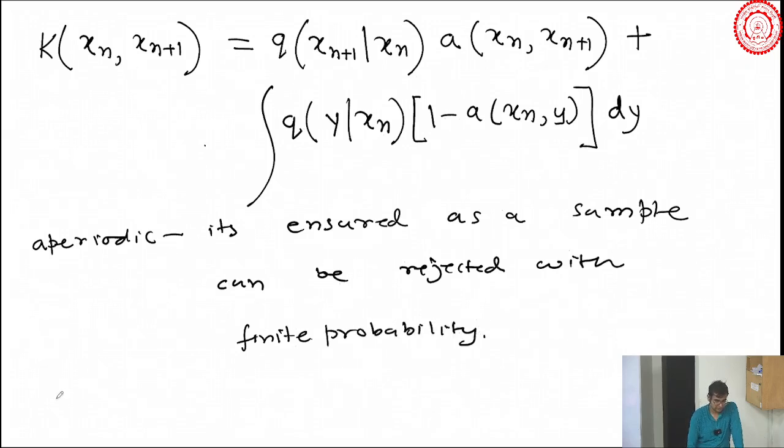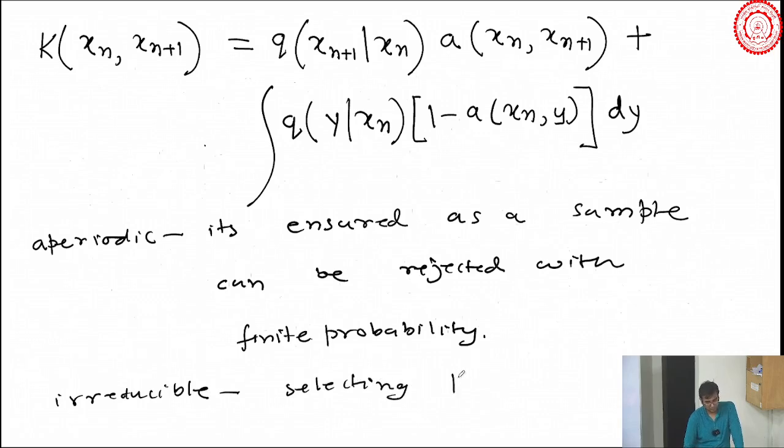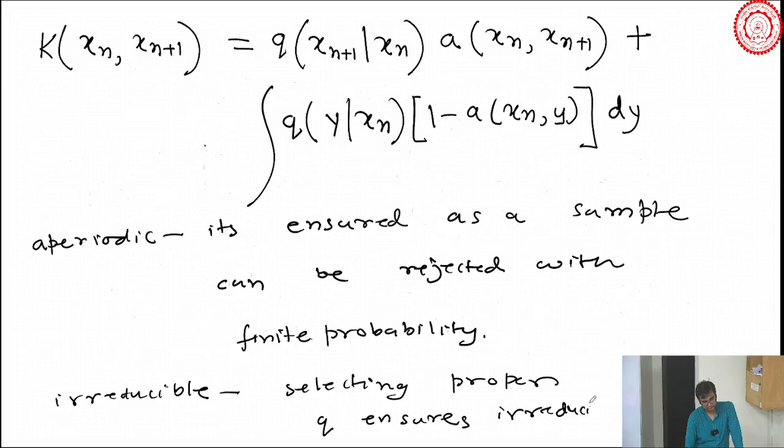The second was irreducible: selecting a proper Q ensures irreducibility. And lastly and most importantly, the detailed balance condition, which will take 1 page, 2 pages, I don't know. Let us see.